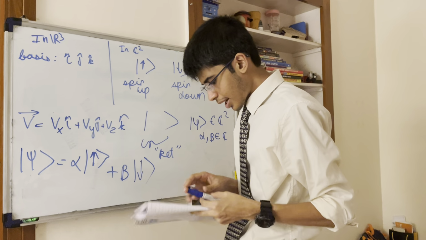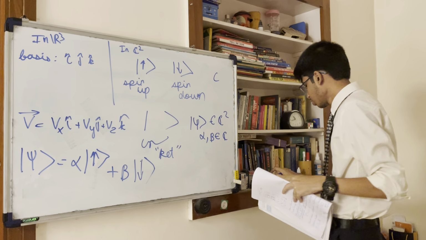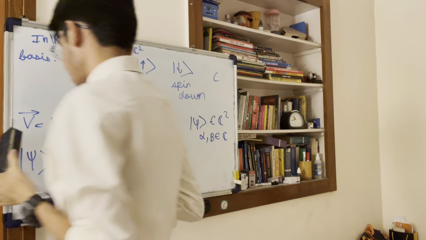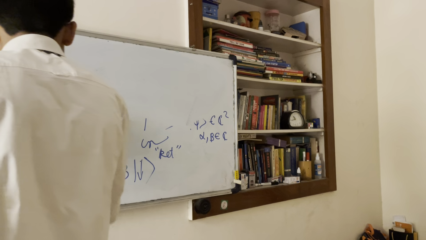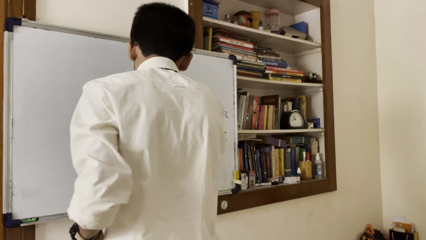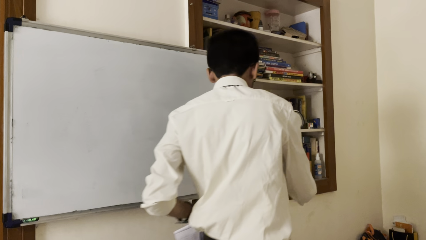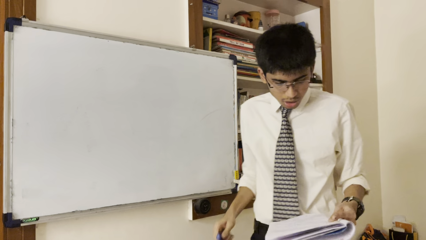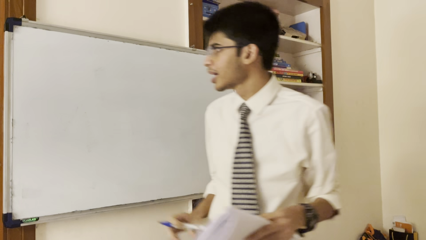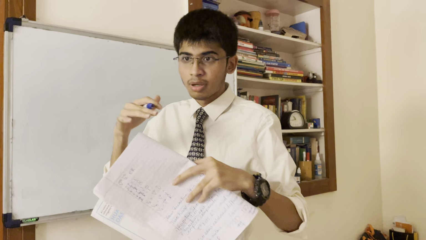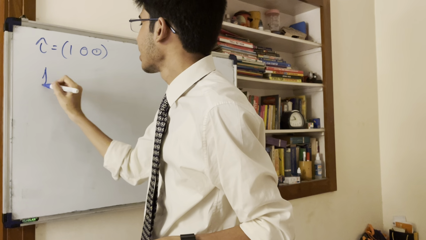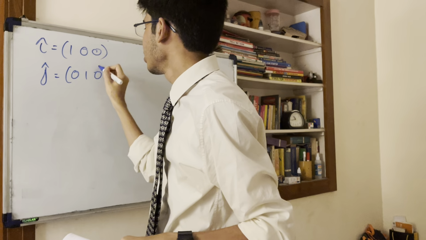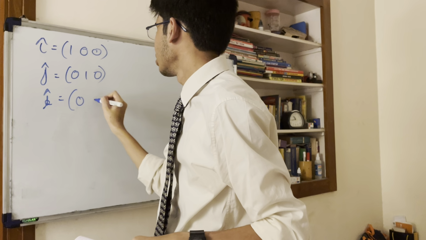So as we said, we talked about real vectors, I mean the basis vectors i cap, j cap, k cap, and we wrote i cap is 1 0 0, j cap is 0 1 0, and k cap is 0 0 1.